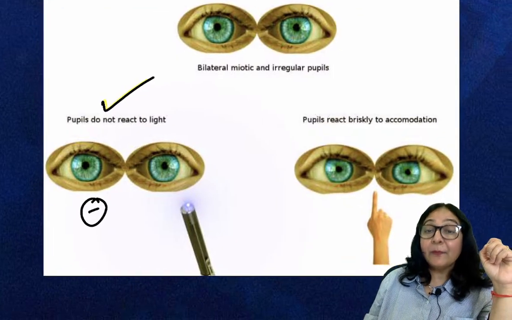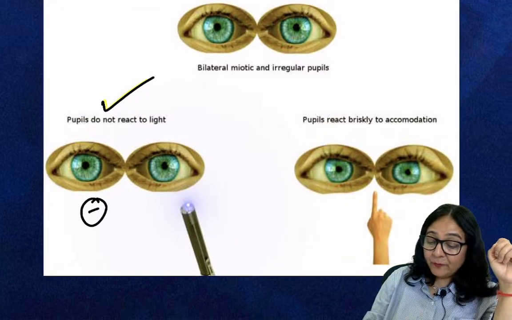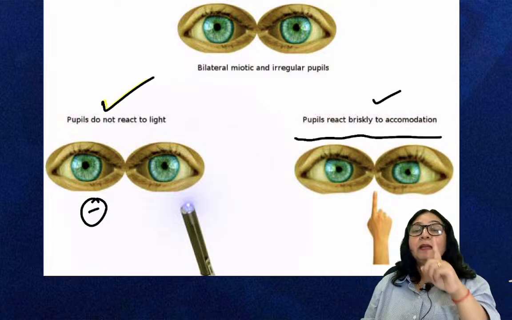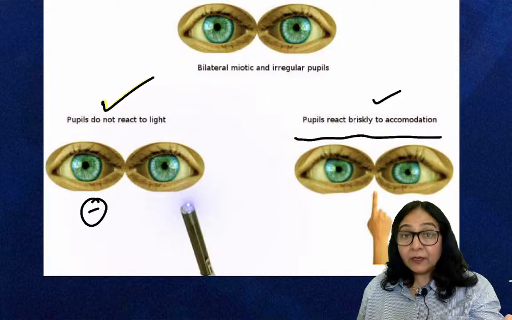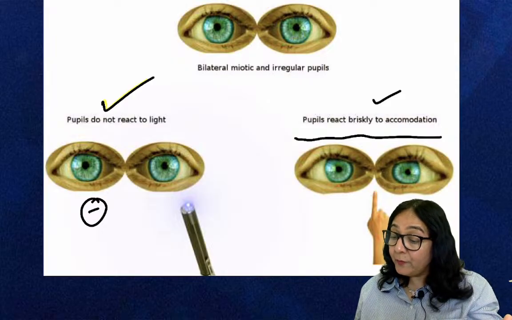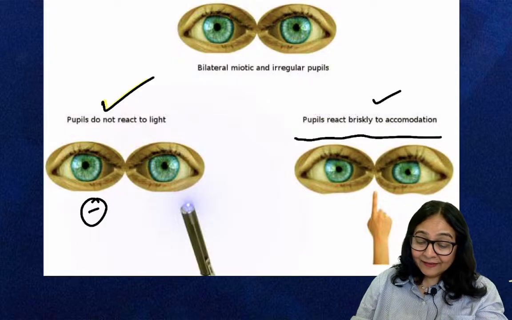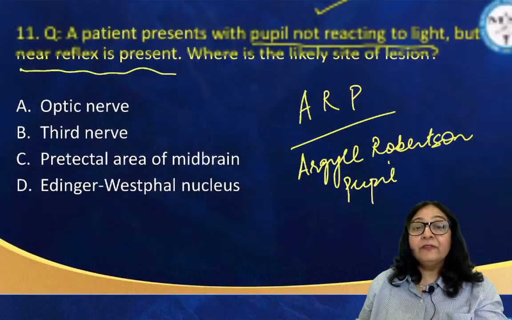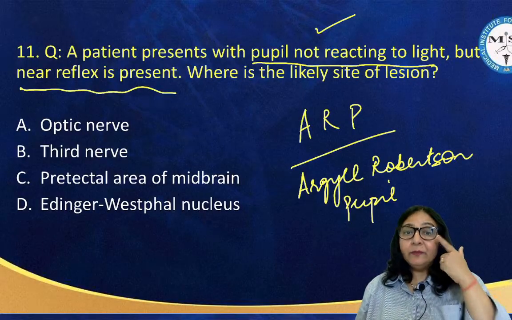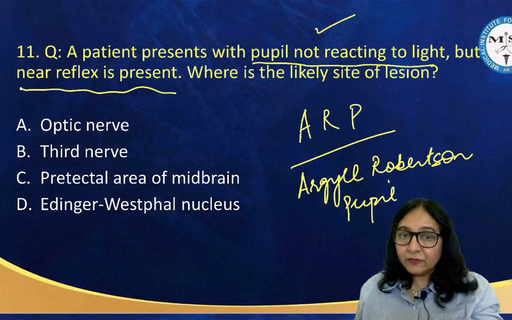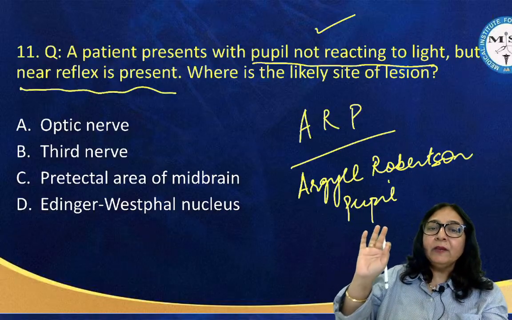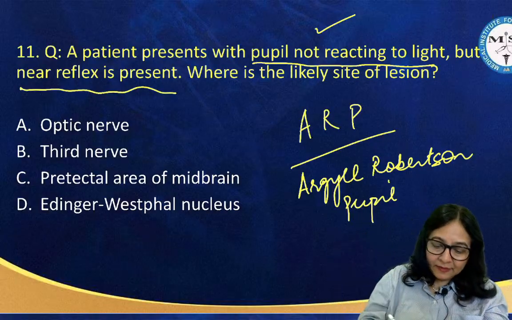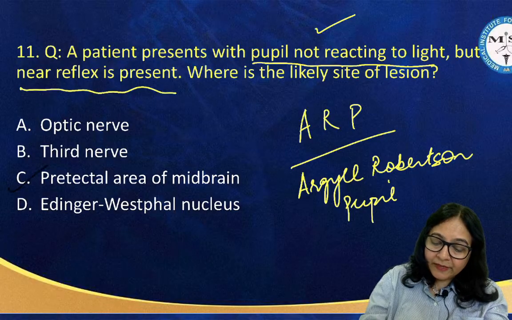Light reflex is absent, but the pupil reacts briskly to accommodation when you bring a near object like a pen or finger close to the eye. So the diagnosis is Argyll-Robertson pupil. If they asked the likely site of the lesion, the most common involvement is in the pretectal area of the midbrain, beta.